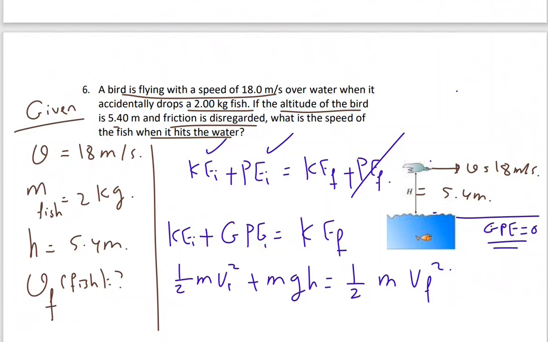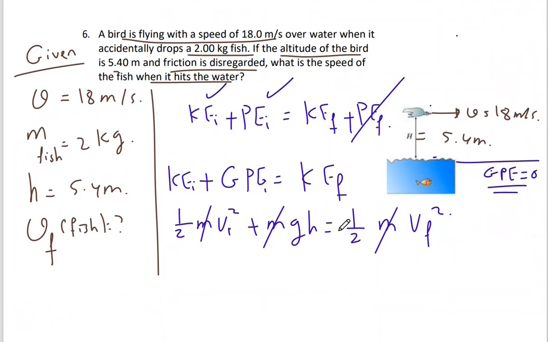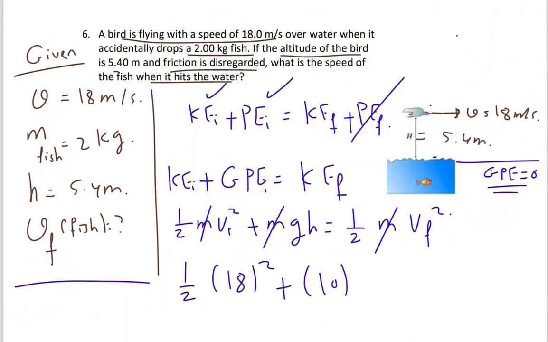Okay, m cancels out. Now substitute with the values we have. So it will be half, v initial is 18 squared, plus g is 10, the height is 5.4, equals half v final squared.